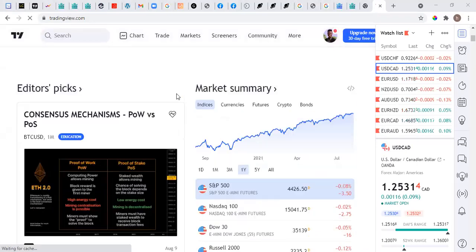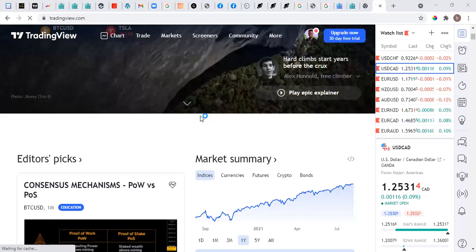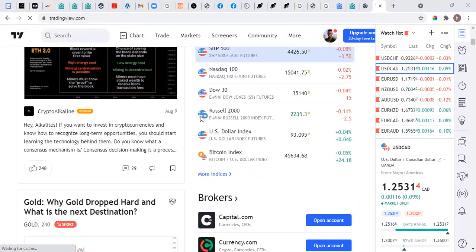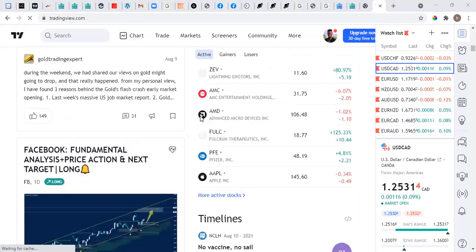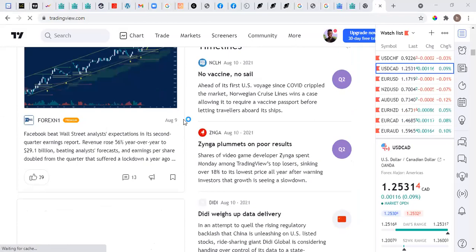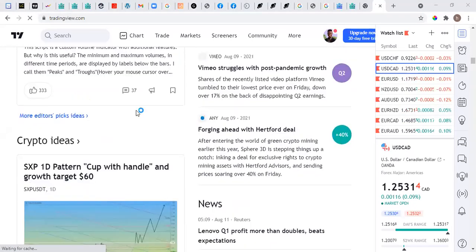All right, so this is the TradingView interface. You can register and get started. TradingView is an amazing app. They even give you some news. You can always come here to read news, learn more about the forex market.